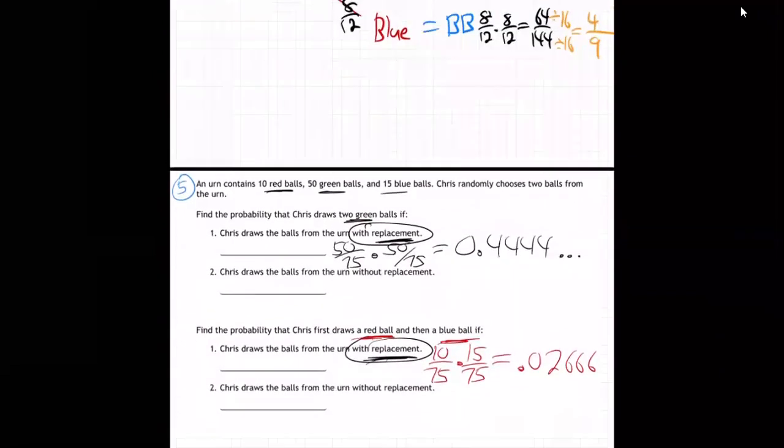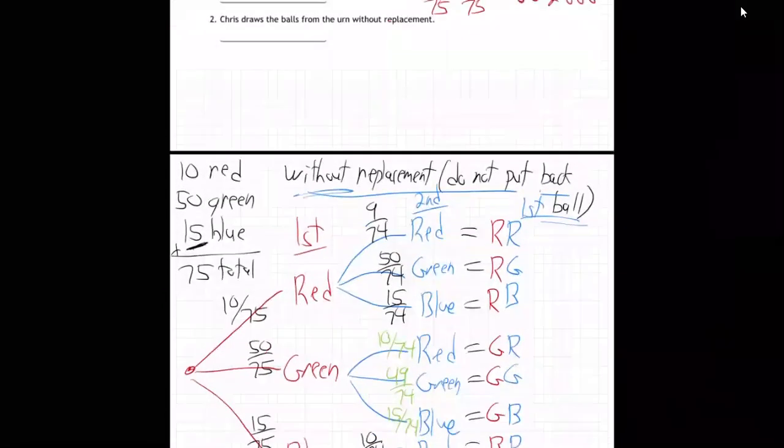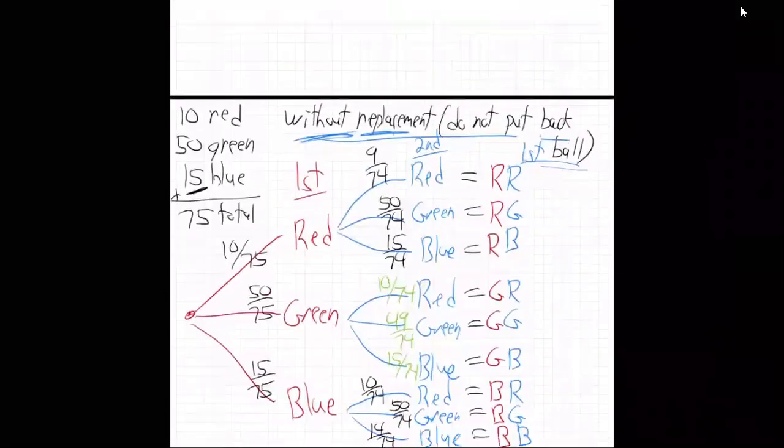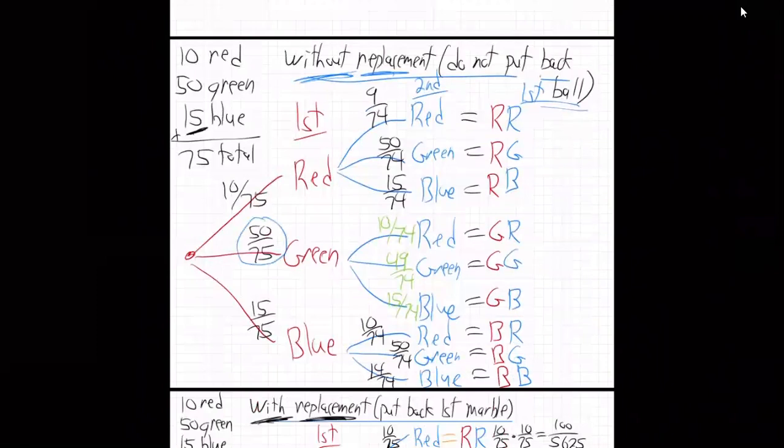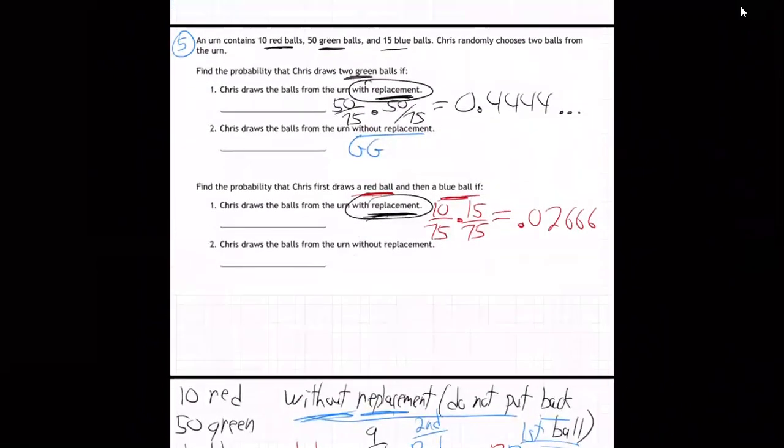So here they say, find the chance of 2 green, right? Right here they want green, green, without replacement. So I go to my without replacement, green, green, right there. Green, green, it's 50 over 75 times 49 over 74.